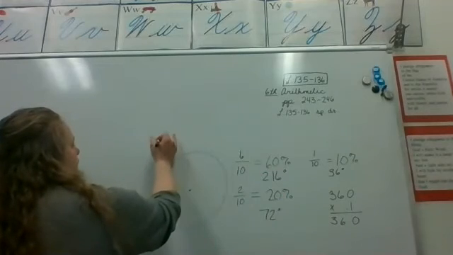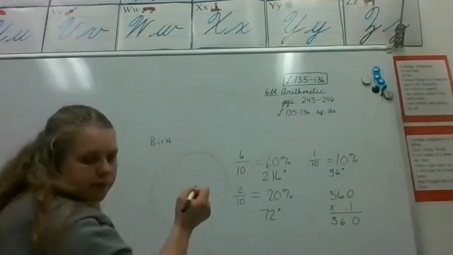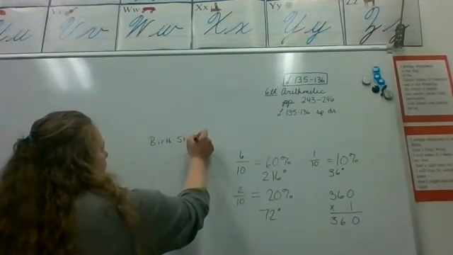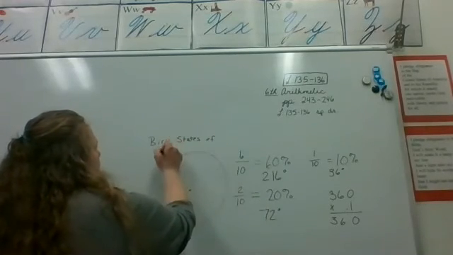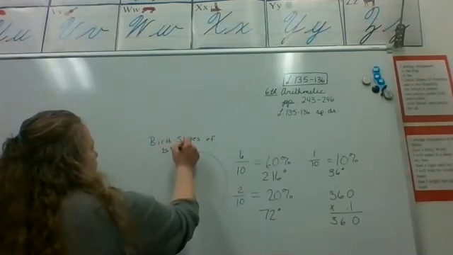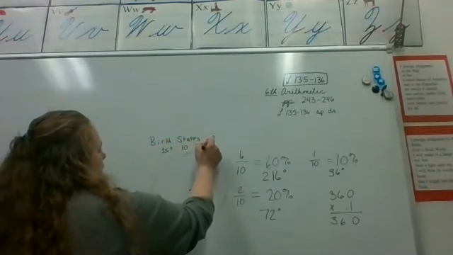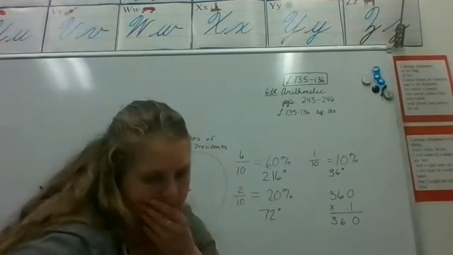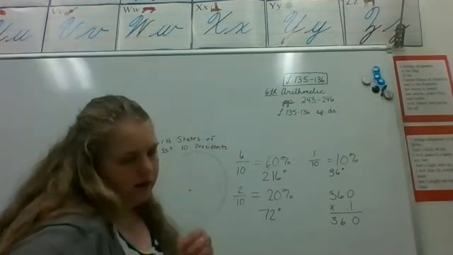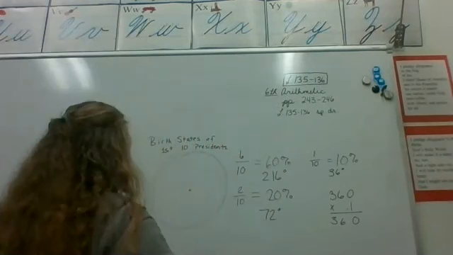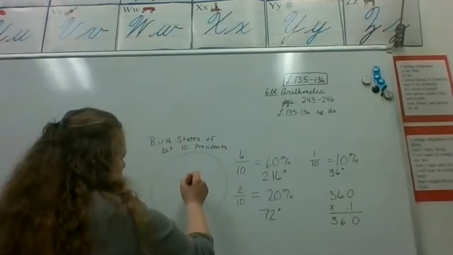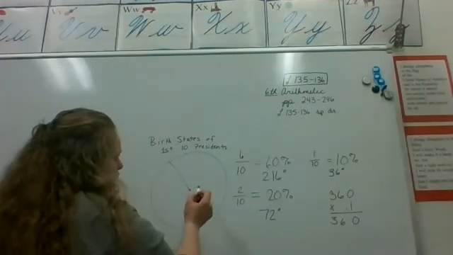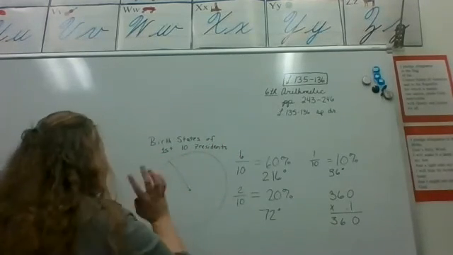You would say, you could call it birth states of first 10 presidents, okay? And so then for this, roughly it should look like this, okay?